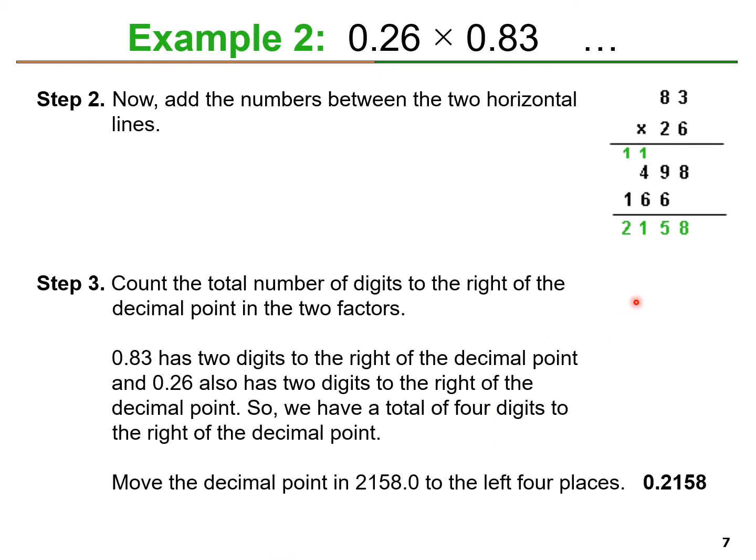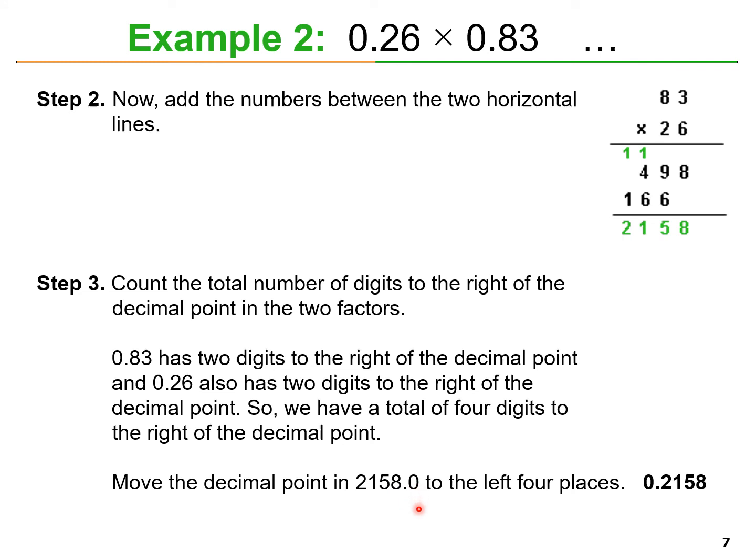So at this point, we write down the product that we got, 2,158, as a decimal number, so we would write it as 2,158.0.